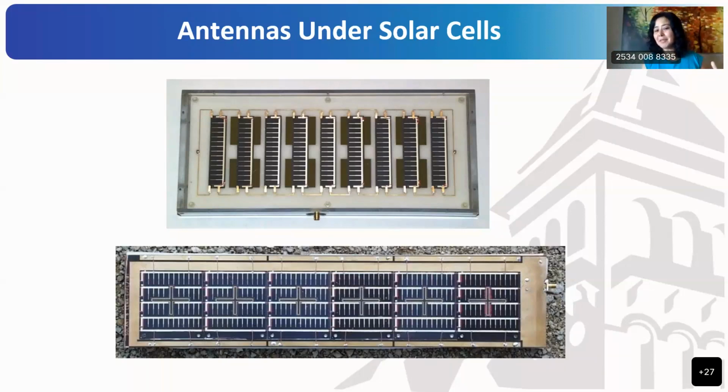So that's an immediate trade-off that you could see. The next picture, the one below, is another design by the European Space Agency. Now they put solar cells closer, and what they did was make a slot antenna under the solar cells. To do that, the solar cells will have to be custom designed and deposited so they don't block the slot area.